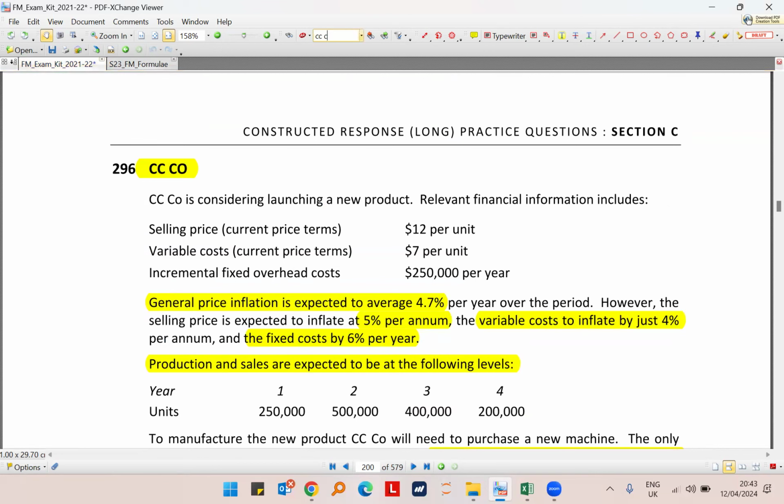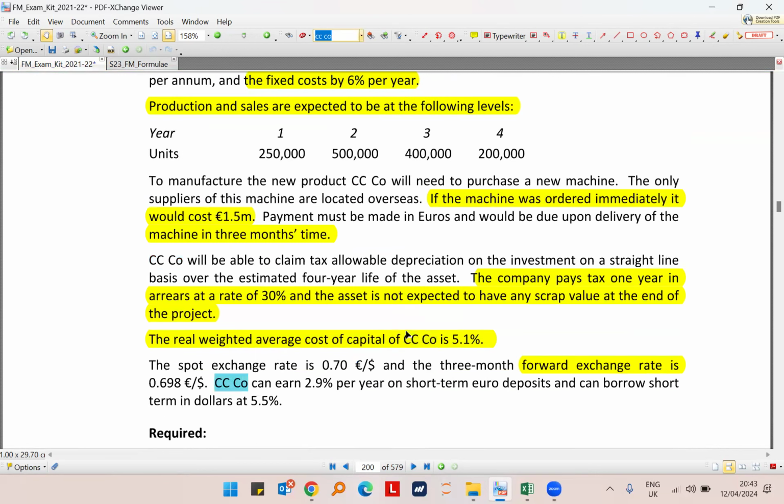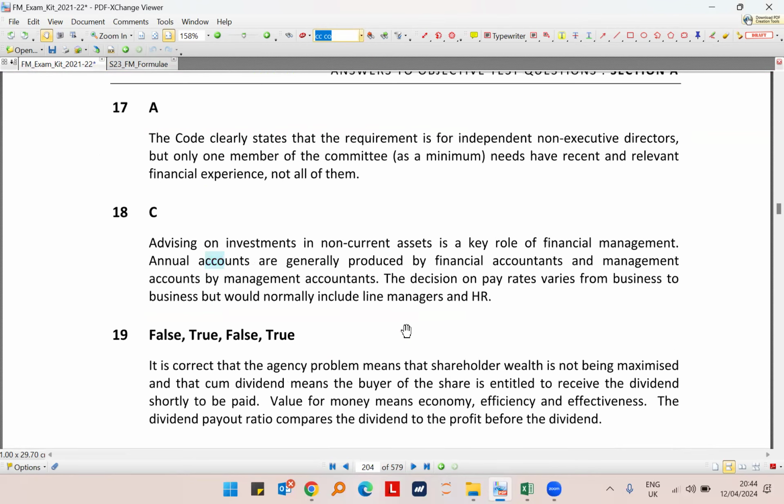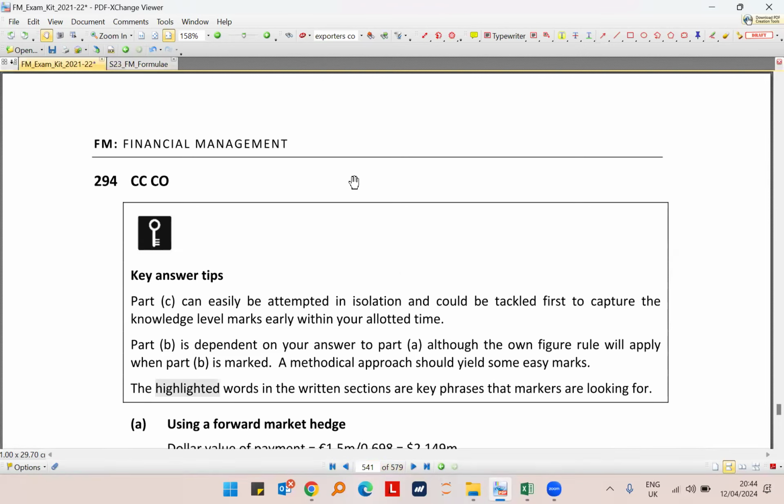So let us look for CCCO. Okay, let me just use exporters.